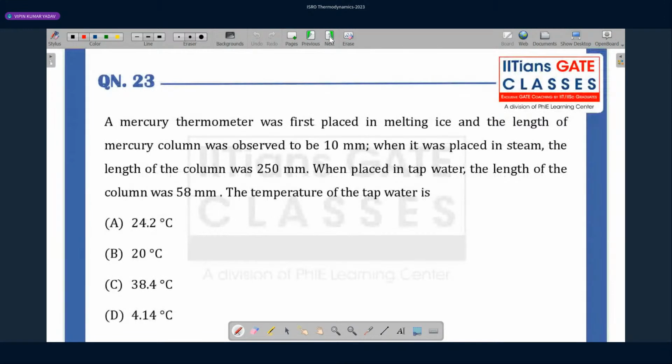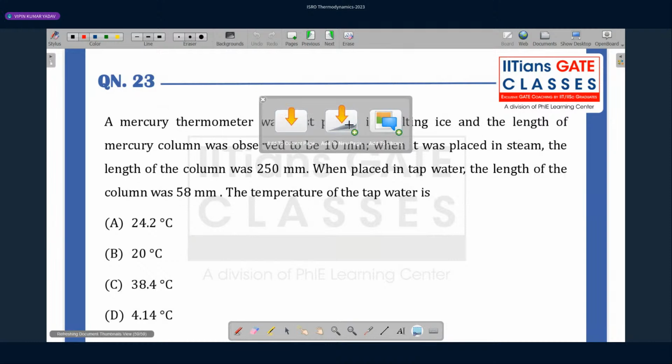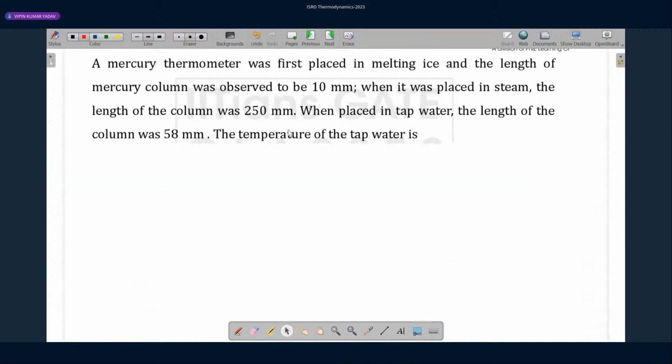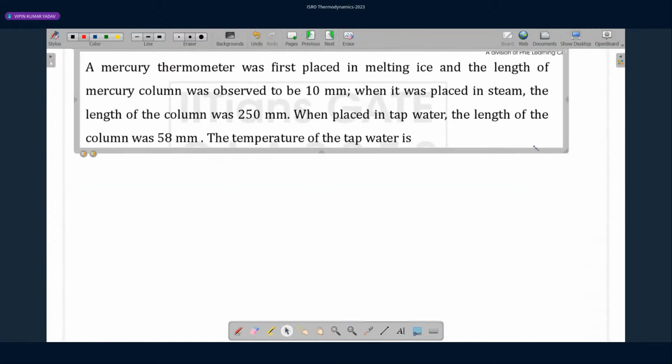Okay, so this is a thermometer. This is based on the Zeroth law. We have also studied this in temperature measurement, how we used to measure the temperature. Let us read this question.